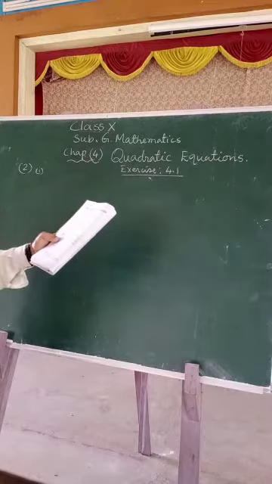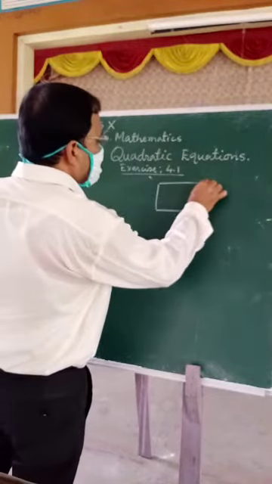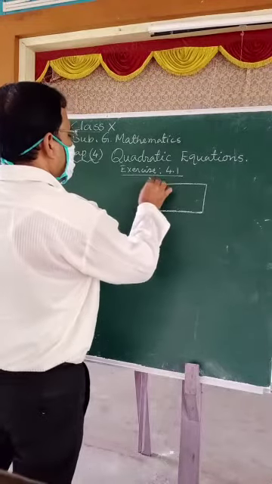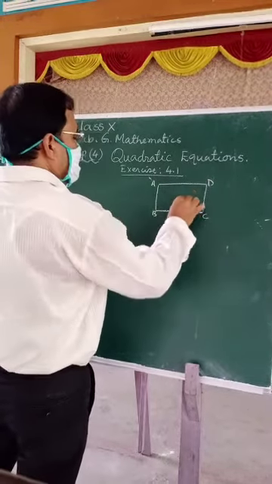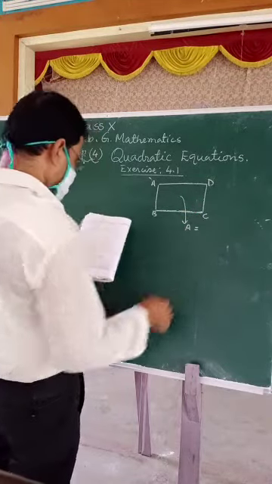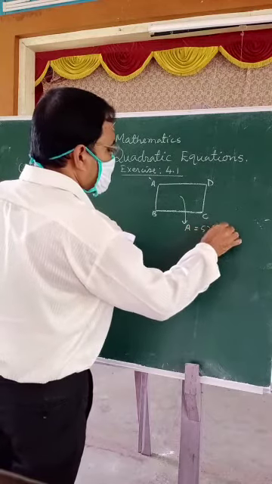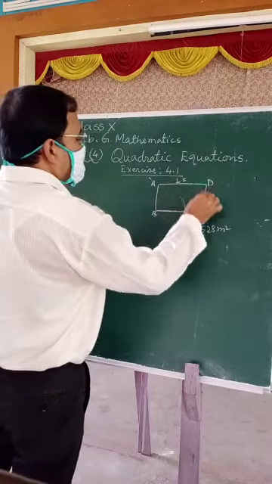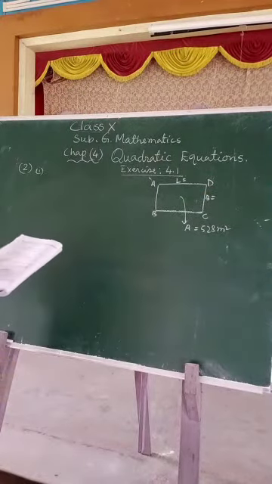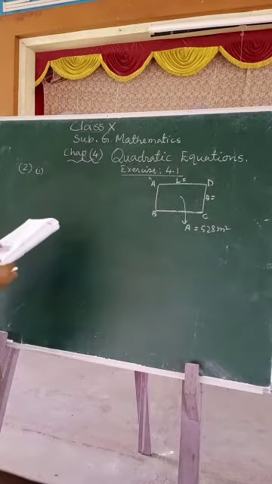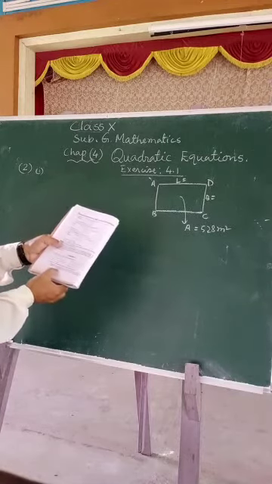Since it is a rectangle, say ABCD is a rectangle, its area is given as 528 meters square. Say this is the length and this is the breadth. Here the condition is given: the length of the plot in meters is 1 more than twice its breadth.